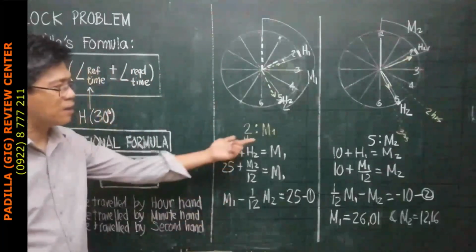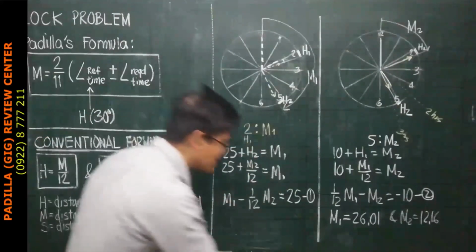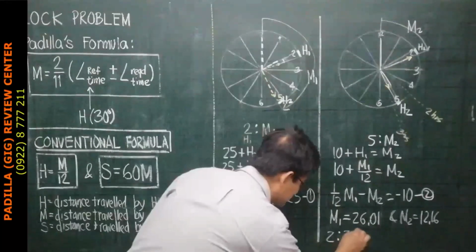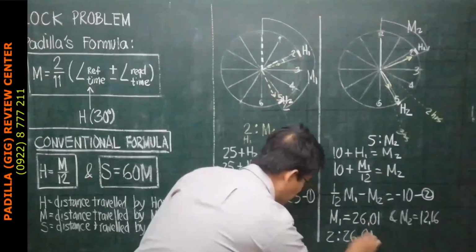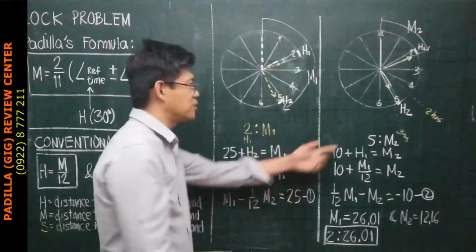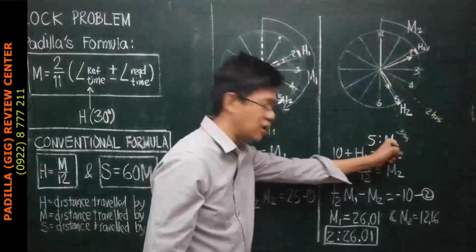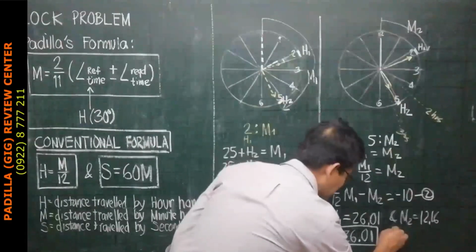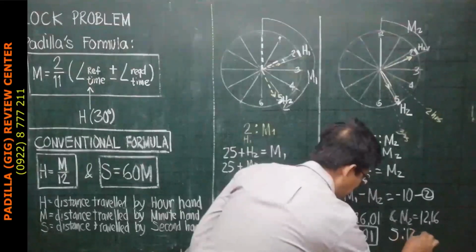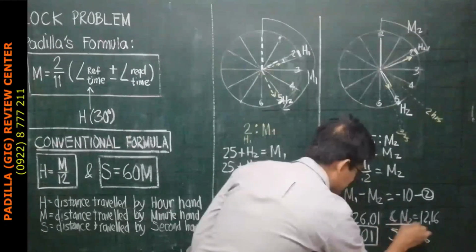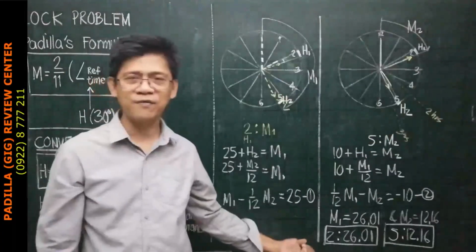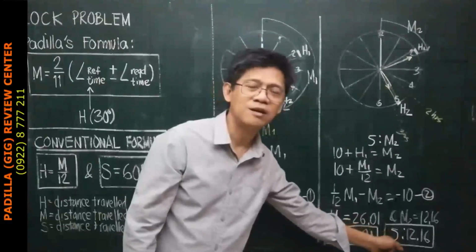So therefore, the time he left was alas 2:26.01, and the time he returned was alas 5 M2, that is alas 5:12.16. These are the time when he left and when he returned.